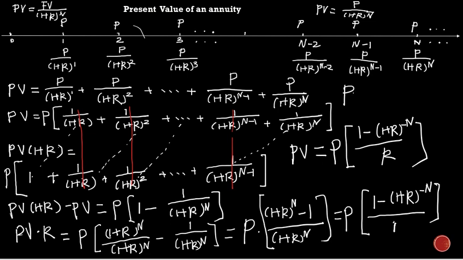P equals, for both sides we multiply by R over this whole bunch. So P equals PV times R over 1 minus 1 plus R to the minus n power, put in the bracket. So we got the formula of the periodic payment for a loan.